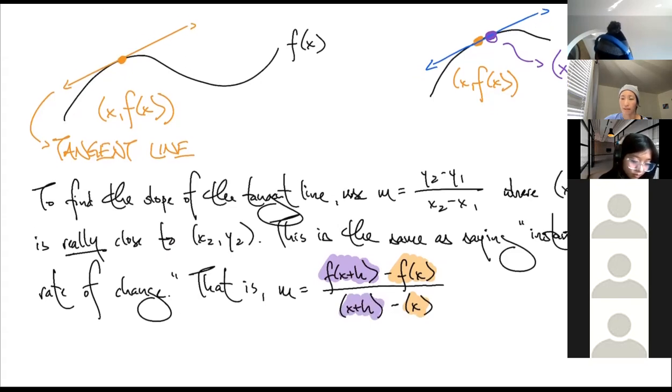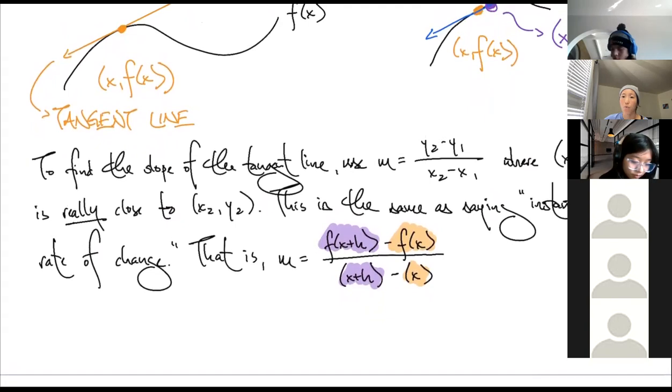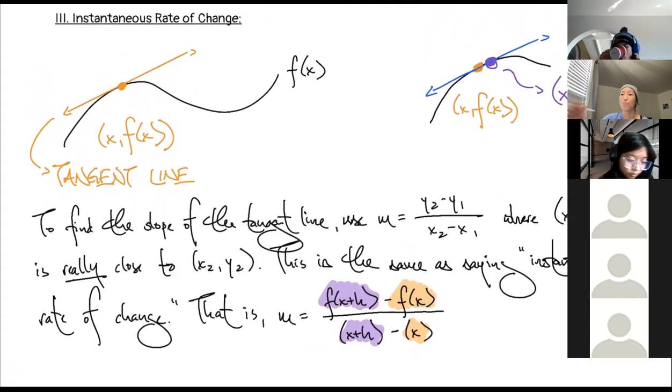Now let's take a look at this. If I want the 2 points to be really, really close together, what might be a possible number for h? What might be another possible number for h? Really, really close though.